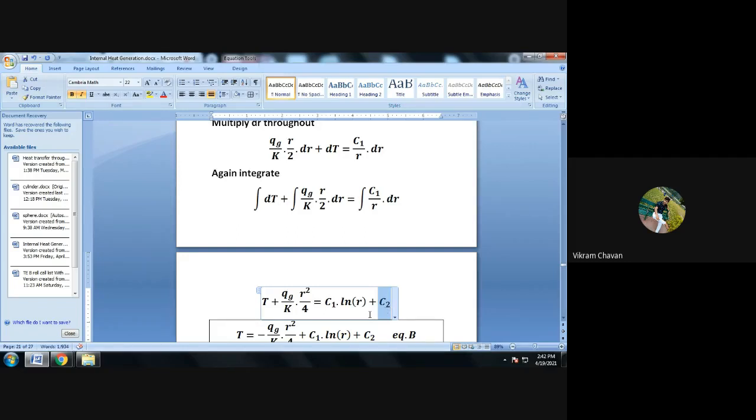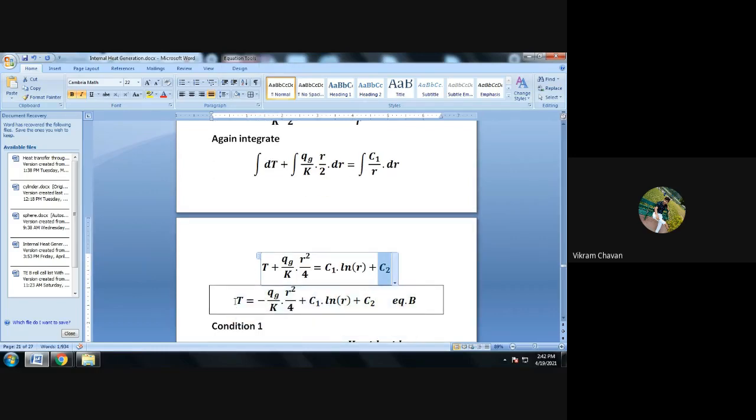Convert this equation in the form of T. That will be the general heat conduction equation for cylinder with constants. Further, we have to apply the boundary conditions and find out the C1 and C2 quantities.